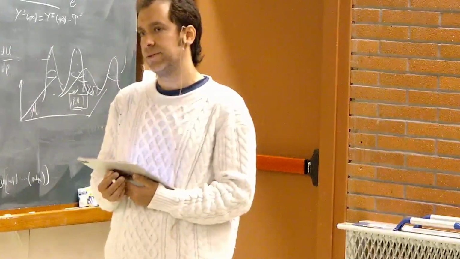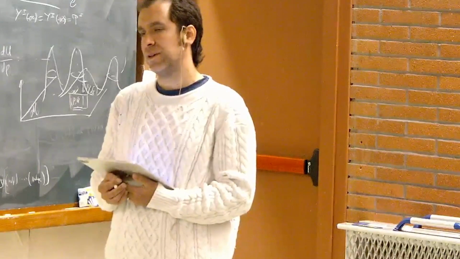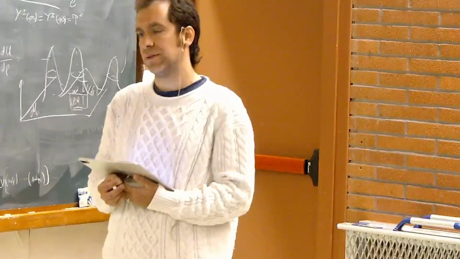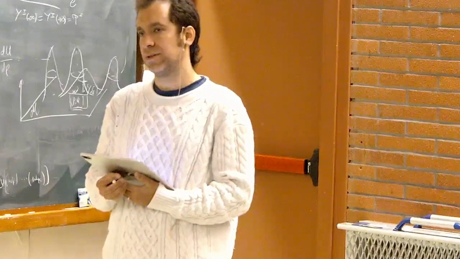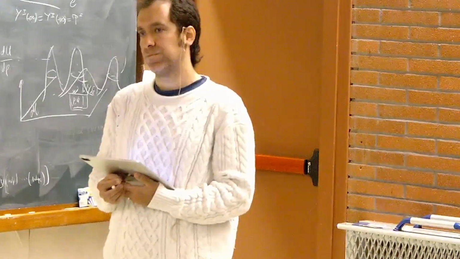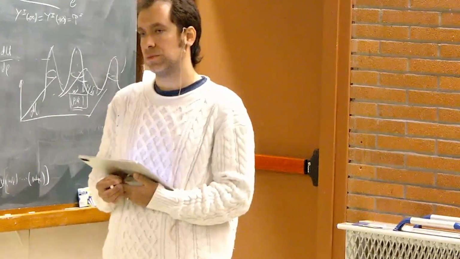So there's some zero mode basically that they have to freeze and find the instanton with that frozen zero mode and then integrate over the zero modes. But without freezing the zero mode, there's no classical solution.